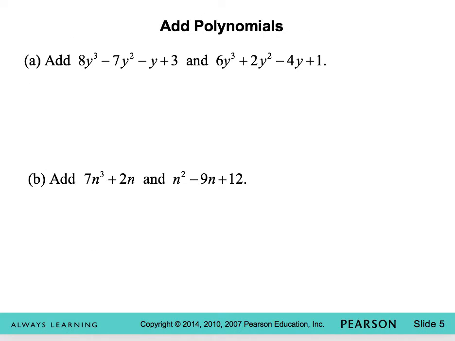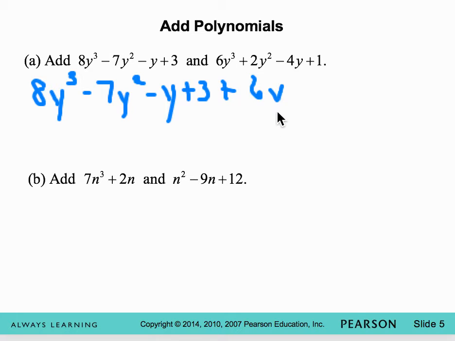Okay, so adding polynomials. It says add this polynomial and this polynomial. So that just means we have 8y cubed minus 7y squared minus y plus 3 plus 6y cubed plus 2y squared minus 4y plus 1, right?